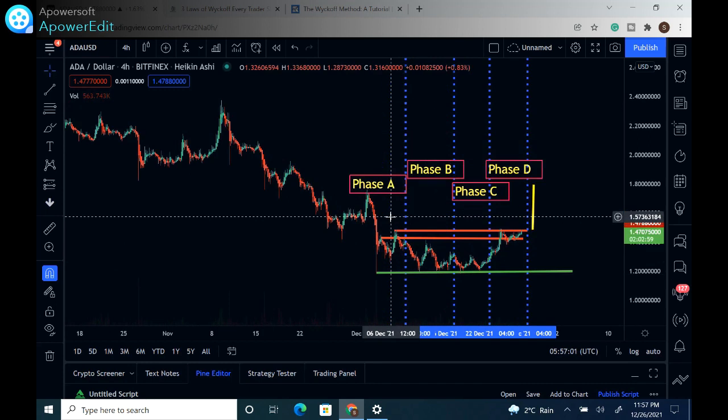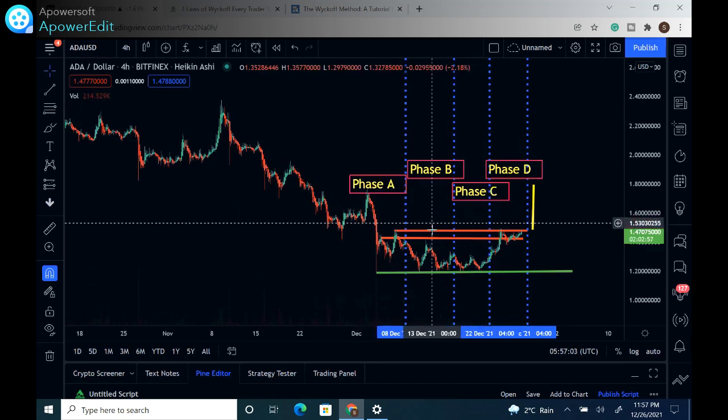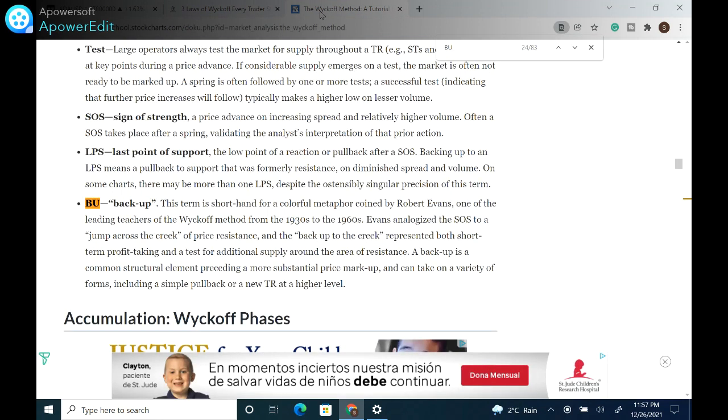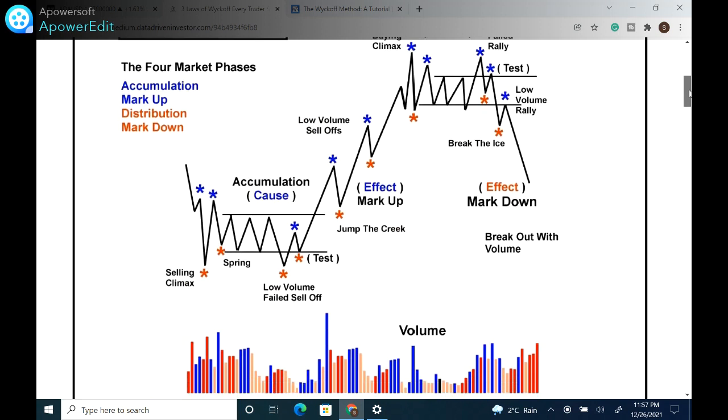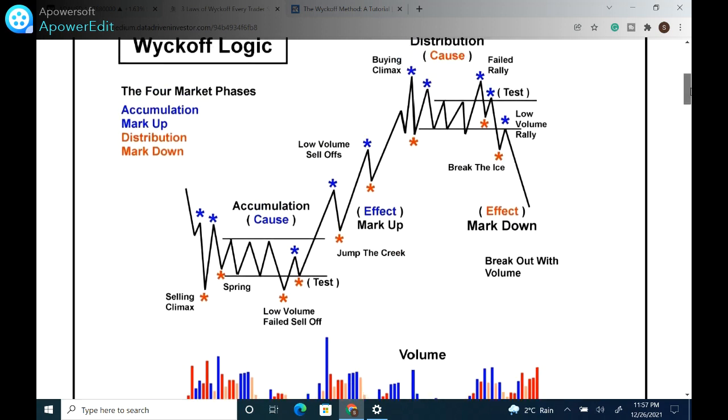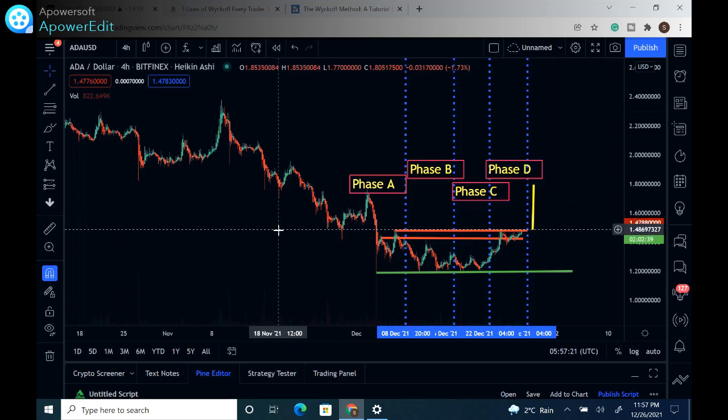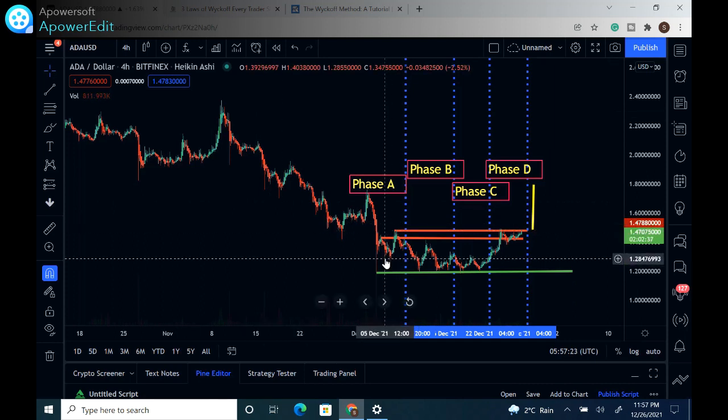If you compare this chart pattern of Cardano with the Wyckoff method or Wyckoff trade pattern, you will see it's exactly similar to the Wyckoff pattern in the current Cardano price.